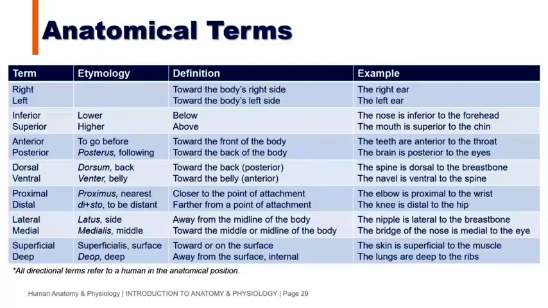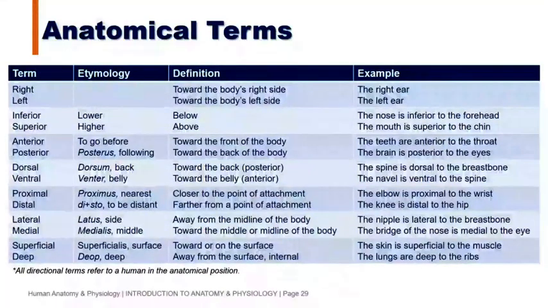Then you have dorsal and ventral, from the word dorsum, which literally means the back, and then for ventral, came from the word venter, which means belly. Dorsal is just another word for saying posterior, and ventral is another word for anterior.